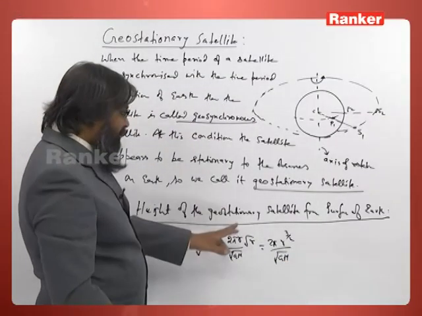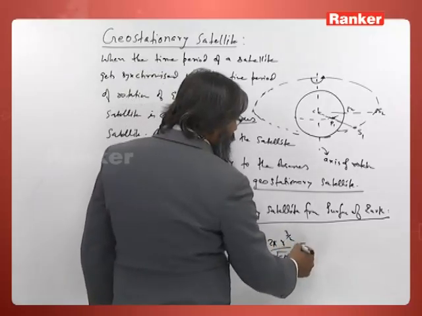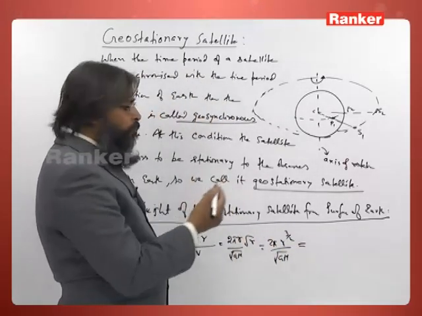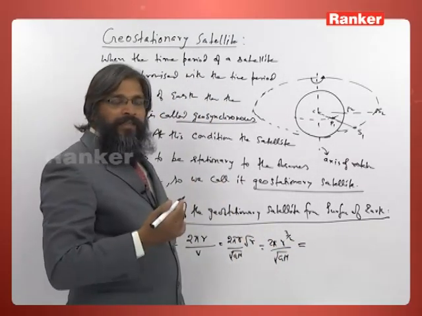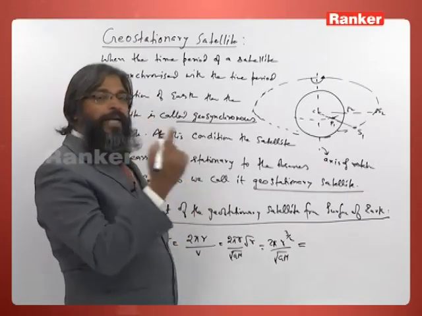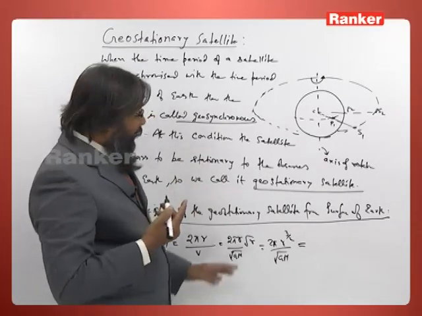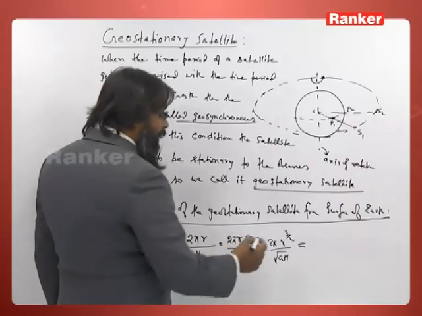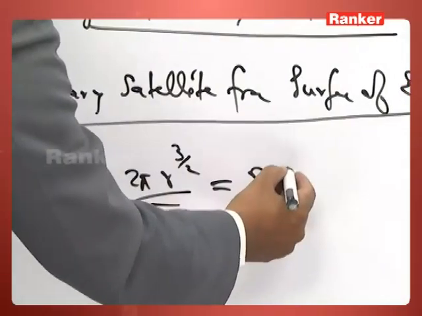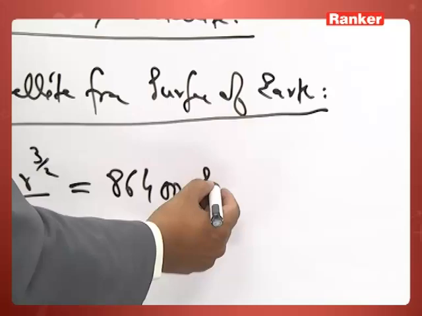Now, if this is equal to the time period of rotation of Earth, that is, Earth rotates one complete round in 24 hours, that is 86400 seconds.